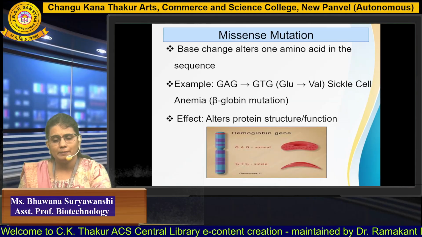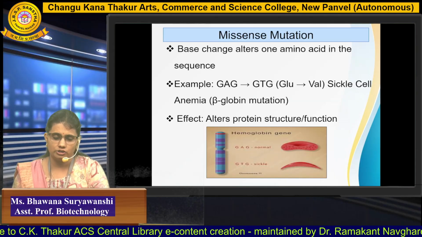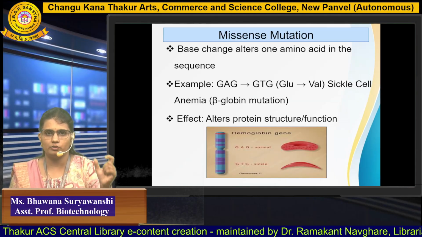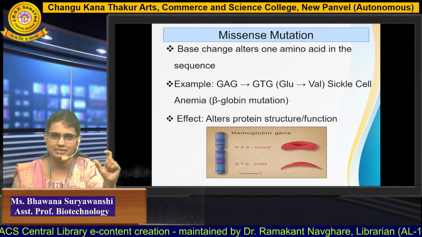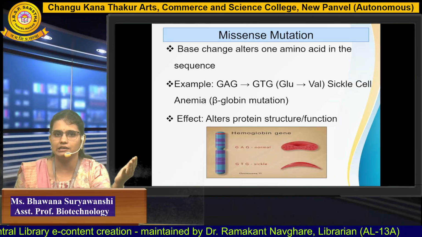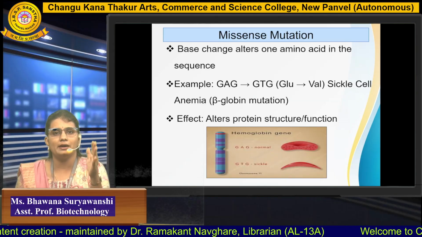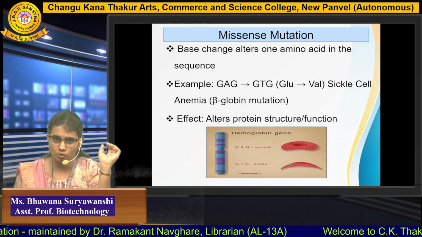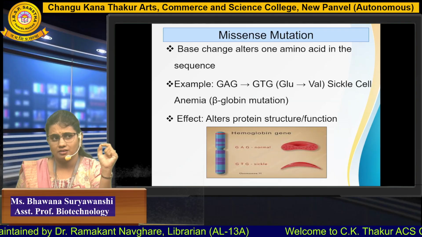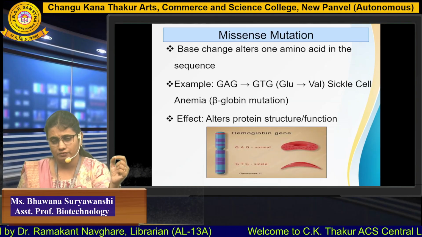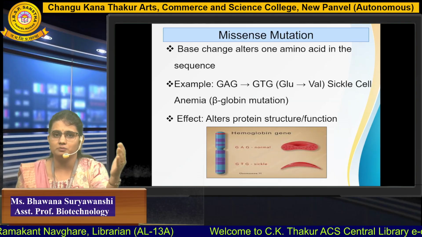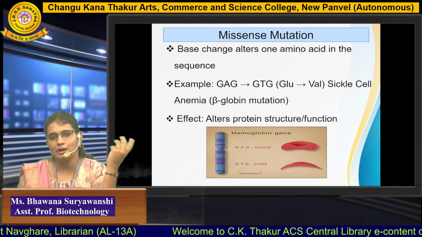Coming to the next, missense mutation. If you try to split this term, mis is something which is not leading correctly, right? So a base change that is altering one amino acid in the sequence. Whatever amino acid the wild type sequence might have, it is misled and changed to some other one.